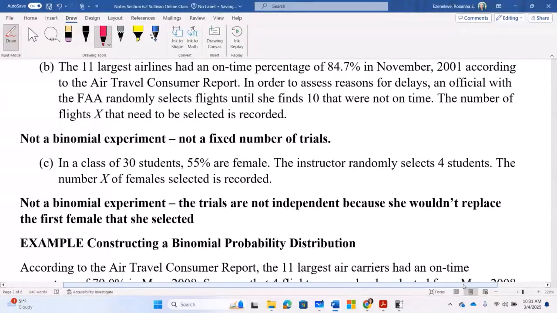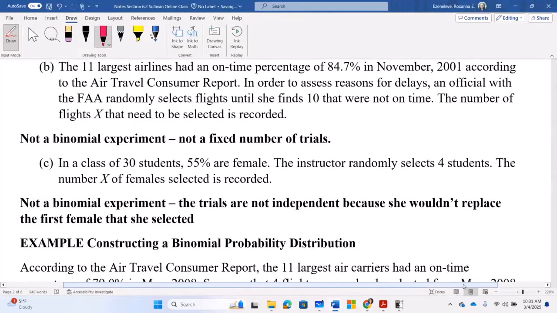And what is the percentage? A whopping almost 15% of planes did not take off. All right, in that airport, an official with the FAA randomly selected flights until she finds 10 that were not on time. The number of flights X that need to be selected is recorded.